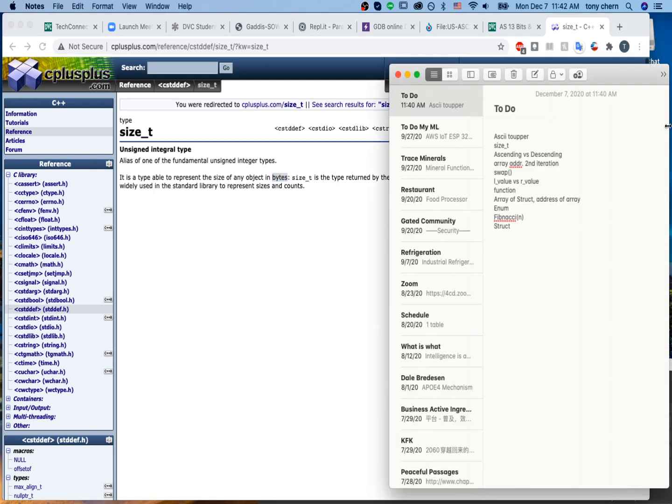That's the second one. And the third one is ascending versus descending, which I didn't write here, is about the inner loop and outer loop.